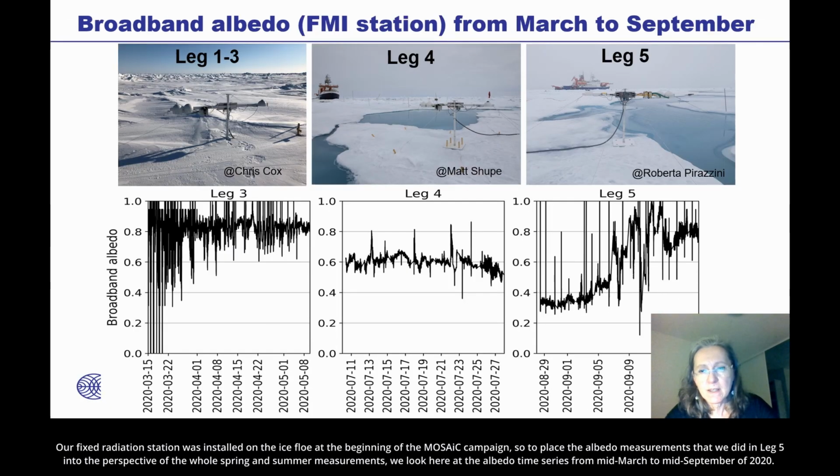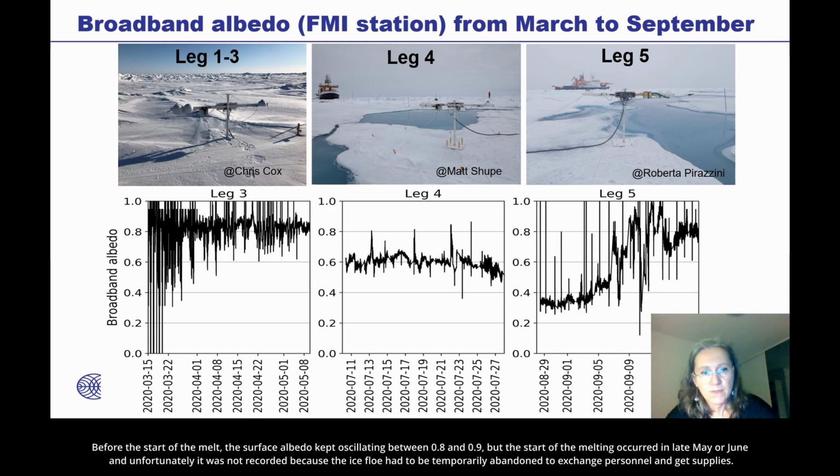Our fixed radiation station was installed on the ice floe at the beginning of the MOSAiC campaign. So to place the albedo measurements that we did in Leg 5 into the perspective of the whole spring and summer measurements, we look here at the albedo time series from mid-March to mid-September 2020.